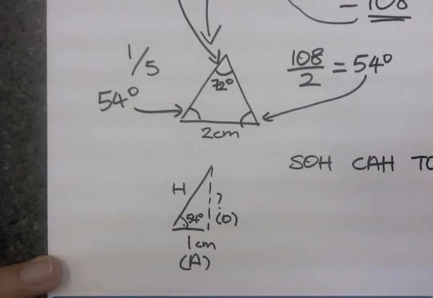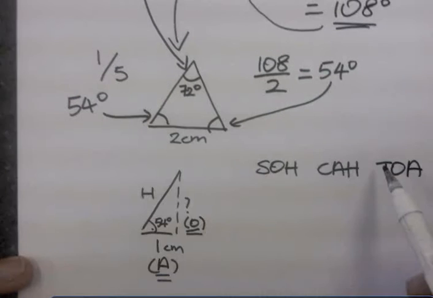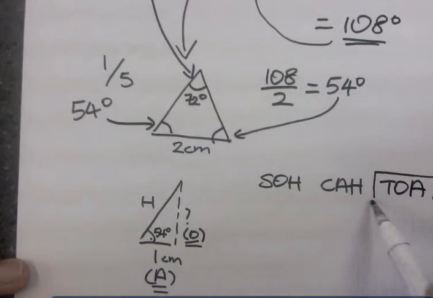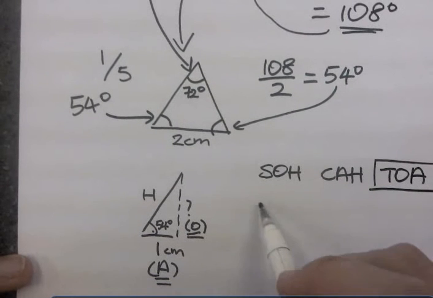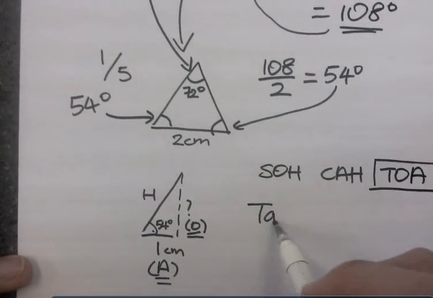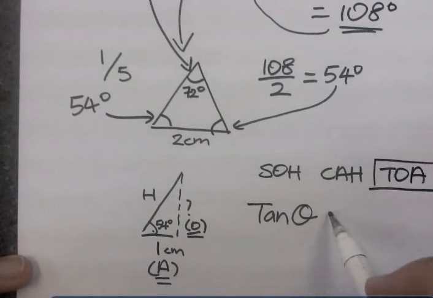Out of these, I'll choose the one that has O and A. In that case, that would be TOA. So I'll rewrite TOA into the full formula: tan equals opposite over adjacent.